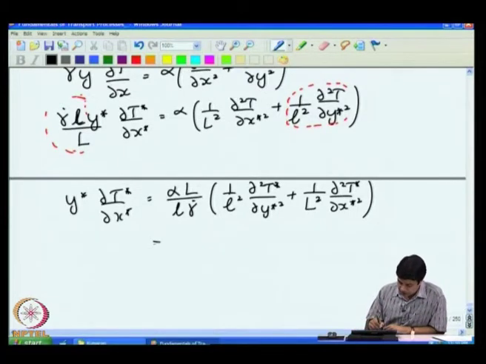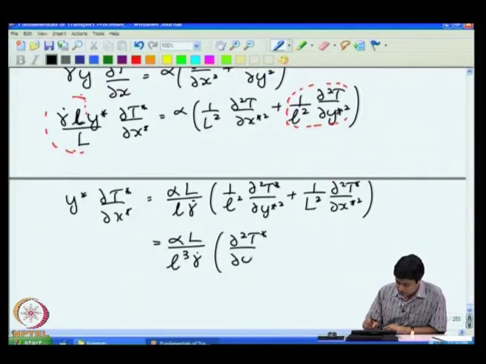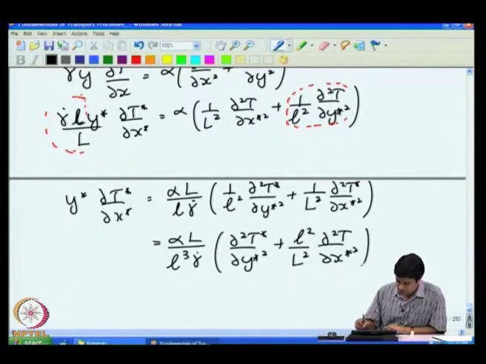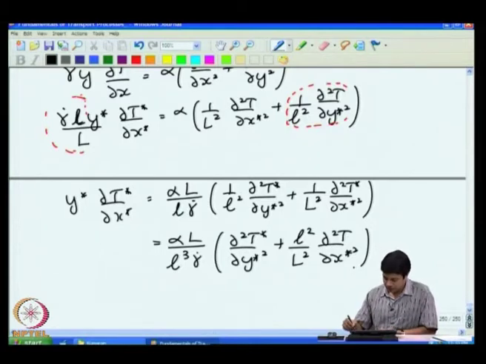Alternatively, I can write this as alpha L by gamma dot L cubed into the same terms.